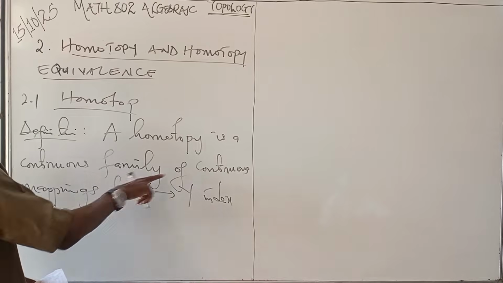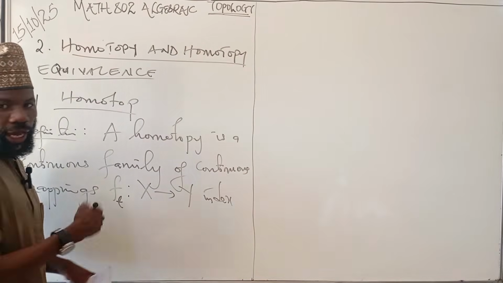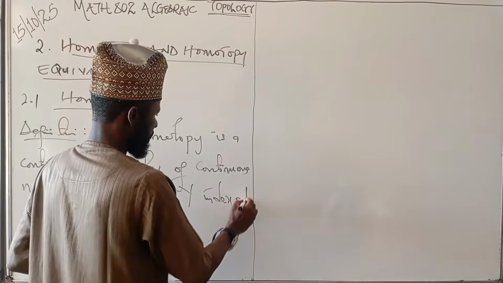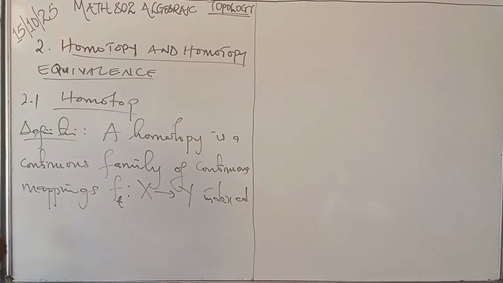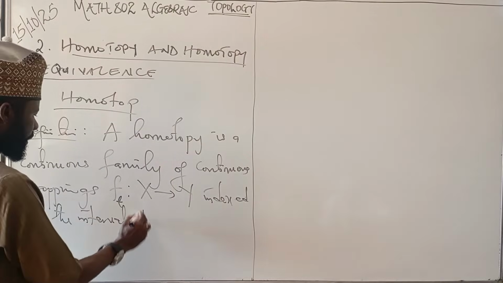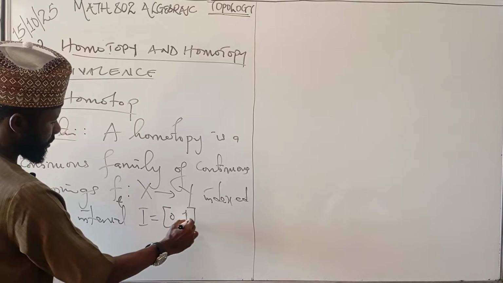Well, since we are talking about continuous mappings, already it is understood that X and Y are topological spaces with their corresponding topology. And this family is indexed by the interval I, which is this.